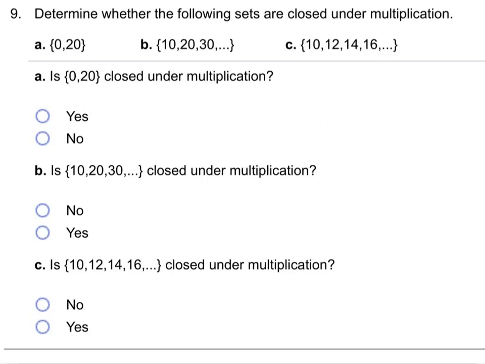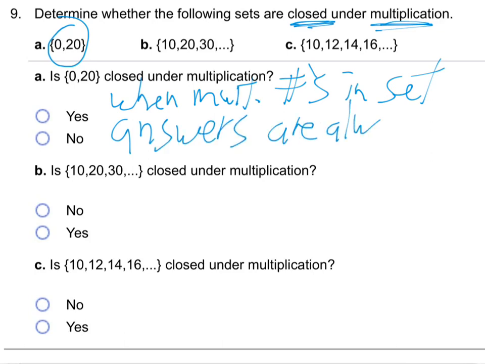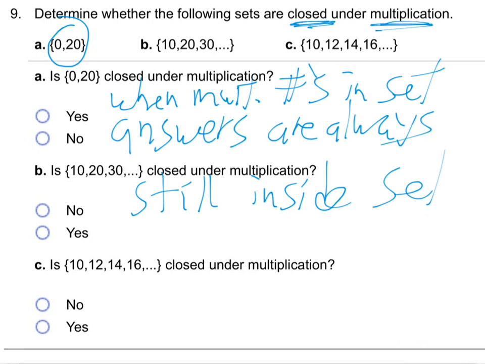Now look at this. What it means for a system to be closed under multiplication is that when you multiply the numbers in the set, the answers are always still inside the set.